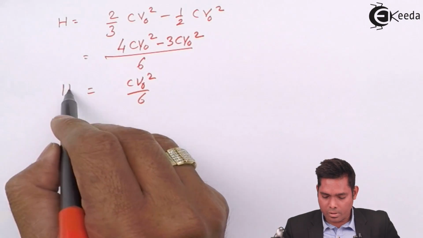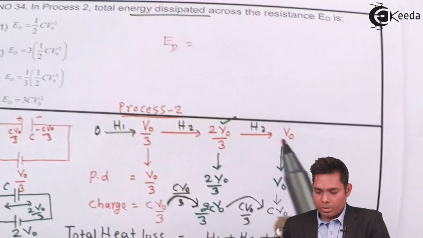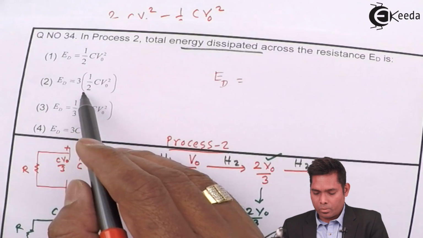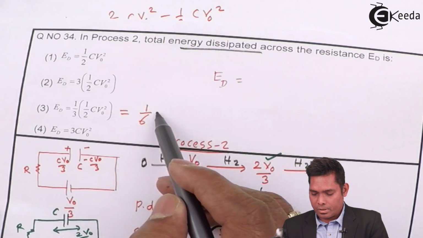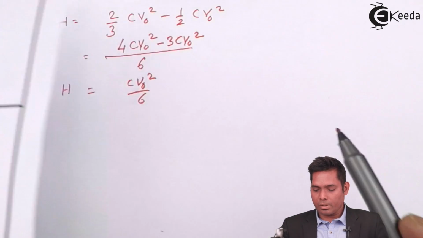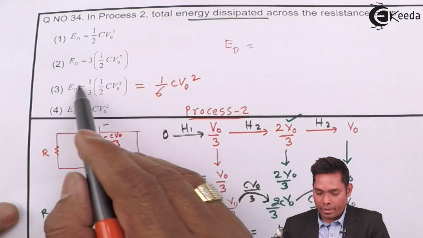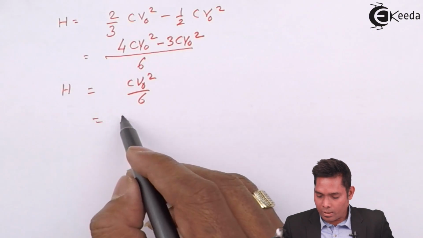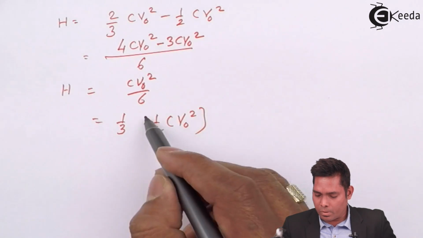This should be the answer, and this is half CV naught square, this is 3 by 2, this is 1 by 6 CV naught square. If you multiply half CV naught square by 1/3, we're also getting CV naught square by 6. Or in this form, I can write this as 1/3 of half CV naught square. You can write this way also.